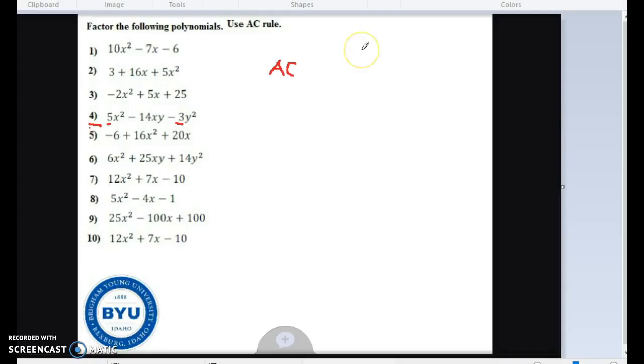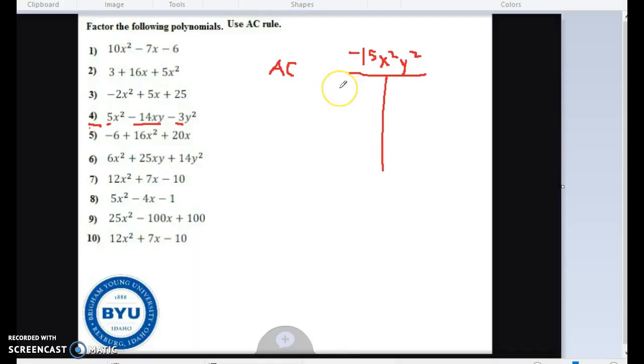So if I multiply 5x squared times -3y squared, I get -15x squared y squared. Now my goal is to find two things that multiply together to equal that, but also add together to equal -14xy.